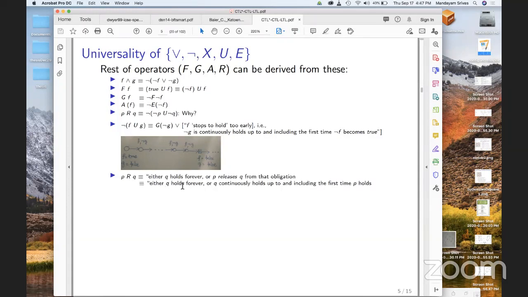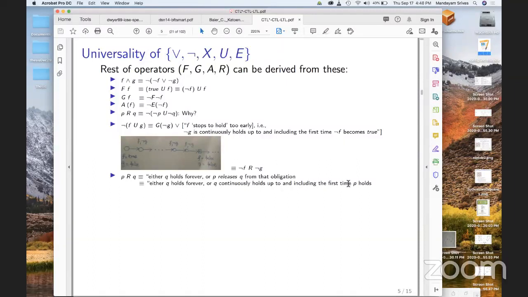So either Q holds forever, in which case there's no releasing, or Q continuously holds up to and including the first time at which P holds. You can see that's exactly what this is saying if you replace not G with Q and not F with P.